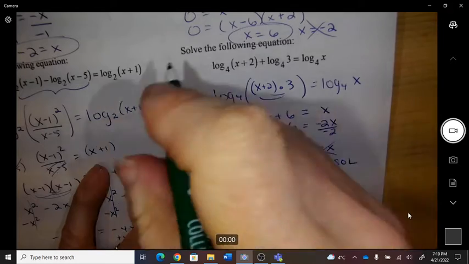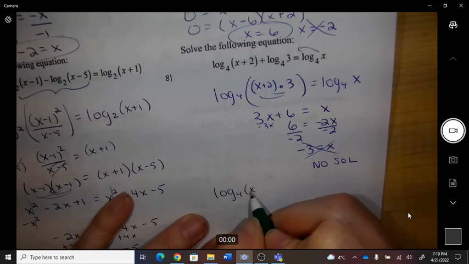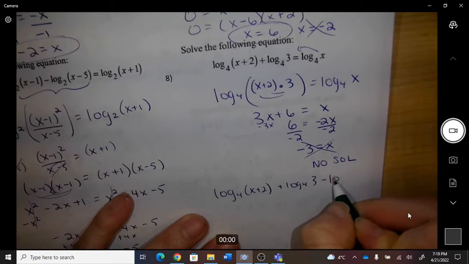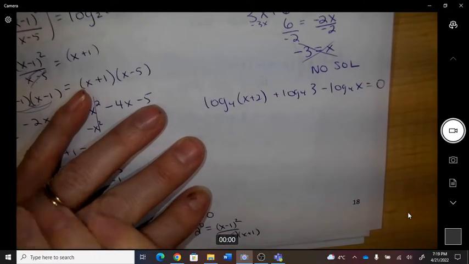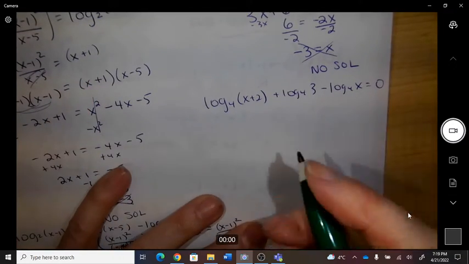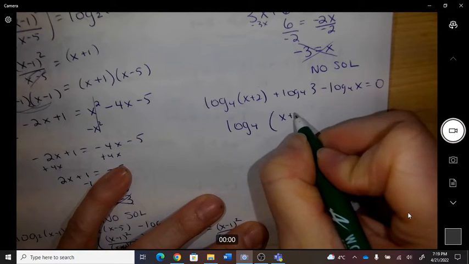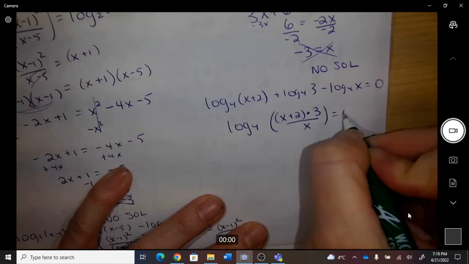And you can also do this by moving that over. So if you move it over, it looks like that with a 0 there. So now I can collect all three of these with x plus 2 times the 3 and a divide by x.